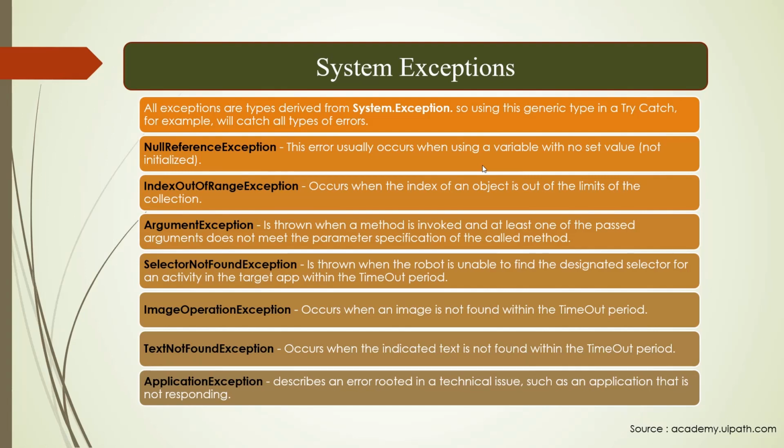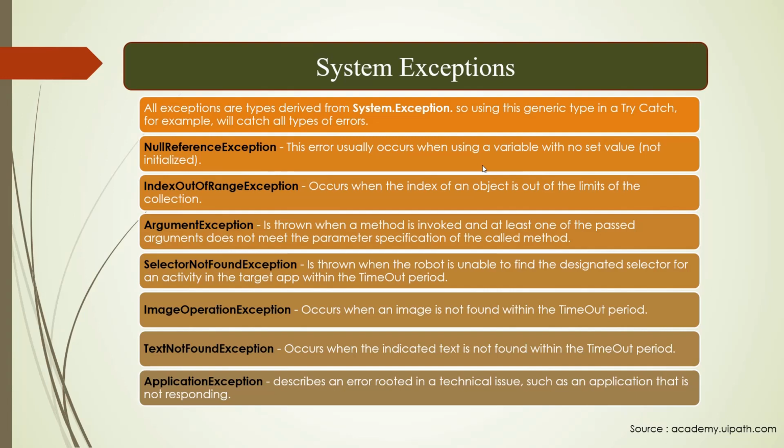So let's say you have BusinessRuleException, SelectorNotFoundException, TextNotFoundException, or any kind of exception. The parent for all the exceptions is this guy, System.Exception. You just have to remember this. I will tell you in a further video why exactly this is the parent, but as of now just remember that System.Exception is the parent for all exceptions and all are derived from here.